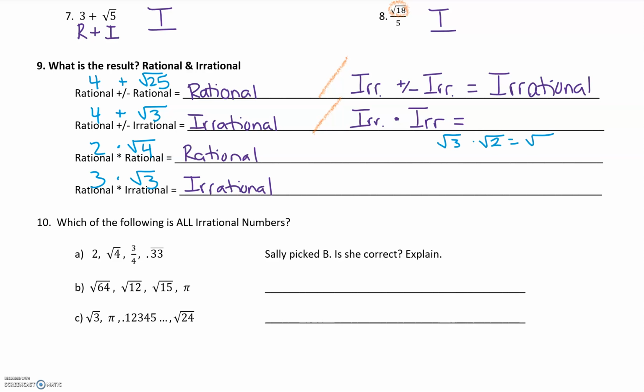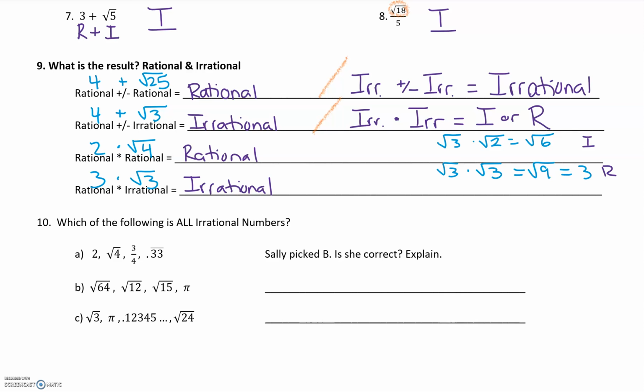This is going to give us the square root of 6, which is irrational. But what if we had 2 irrationals that were the same being multiplied? This is the square root of 9, which simplifies down to a 3. So we see that sometimes it comes out to be irrational, and sometimes it comes out to be rational. So that one's probably my favorite, because sometimes it's one thing and sometimes the other.